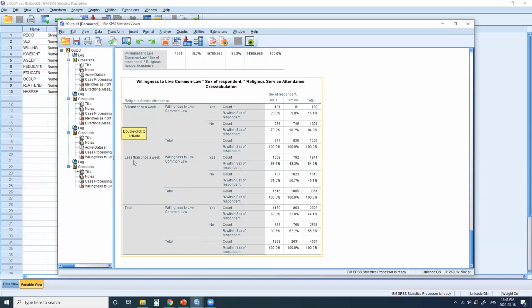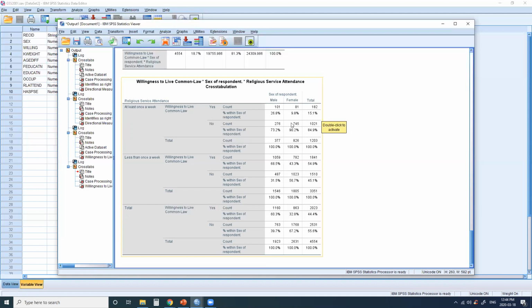If we look at those who attend religious services less than once a week, so the not very or not at all religious, we see that the gap between the sexes is 25.2 percentage points, right? So very similar to our original gap of 26.4 percentage points. So the relationship across the population as a whole tends to be pretty similar amongst those who are not very religiously observant. But amongst those who are religiously observant, the gap has diminished.